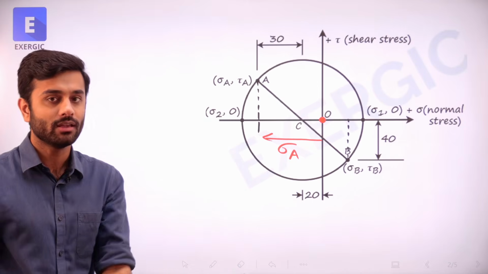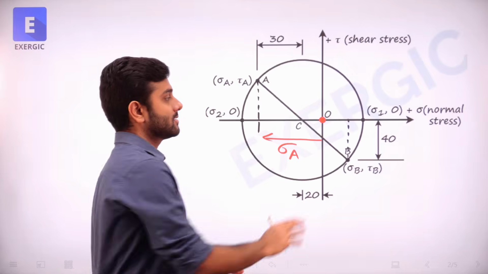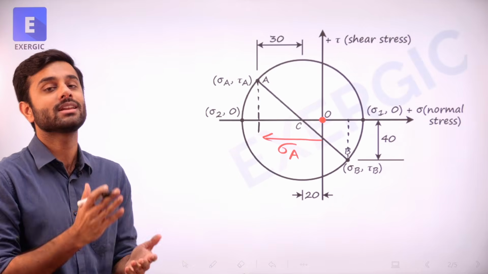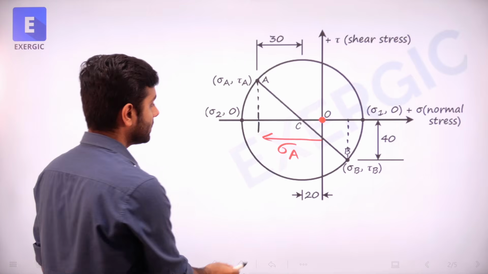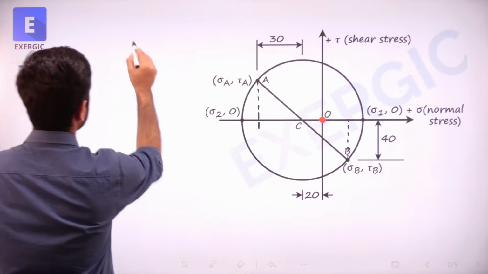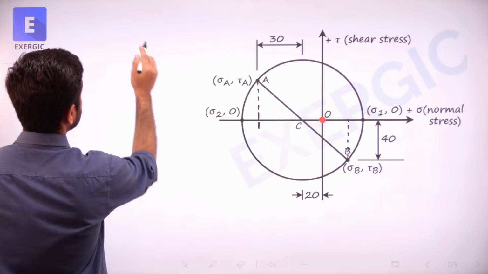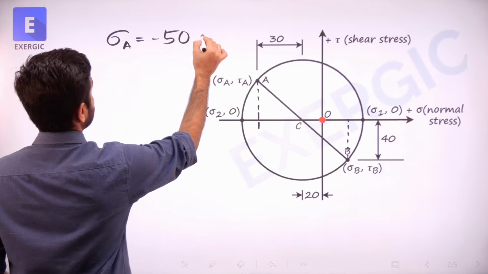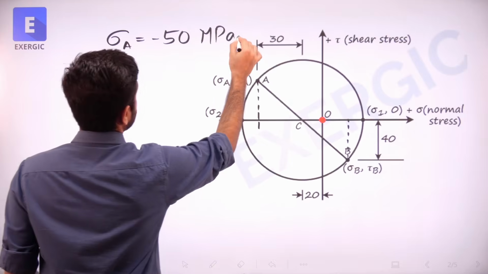So the length is 50 and it is on the negative side. This is the positive side of origin, this is the negative side of origin. So sigma A is minus 50 directly, right? Sigma A is equal to minus 50 megapascal. Coming to sigma B.